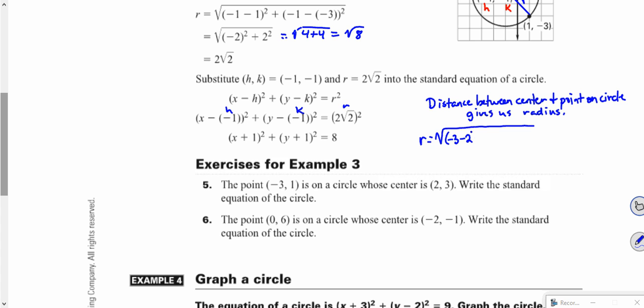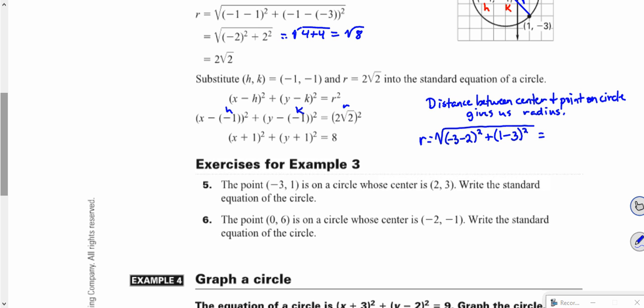negative 3 minus 2 squared plus 1 minus 3 squared. Again, it's x minus h squared plus y minus k squared. Square root of all of that gives us r.